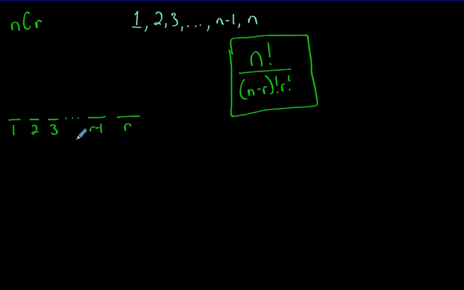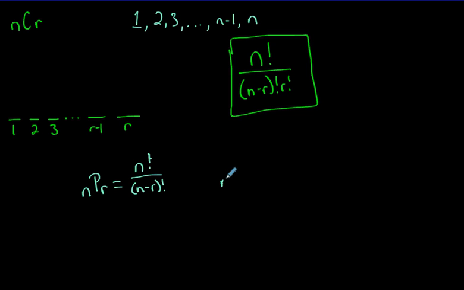Okay, let's just write them out quickly in a different color, and that would be pretty much it. So if we've got n items and we're looking for a permutation of r items, okay, what we did was we took n factorial on the top, and we divided that by n minus r factorial.